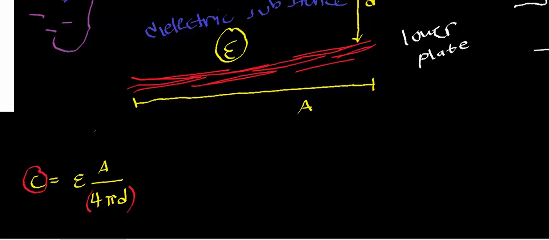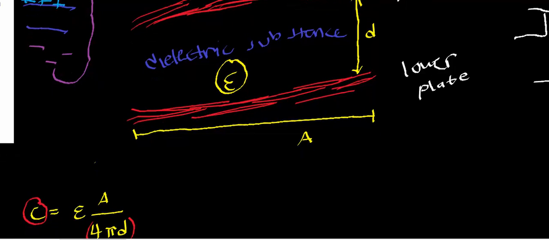Well, let's reason our way through this. The capacitance, the ability to develop a charge or a potential difference across the capacitor, is proportional to epsilon, which is the dielectric constant. Now think about this. If you have a high dielectric constant, that means that you're more insulating, right?